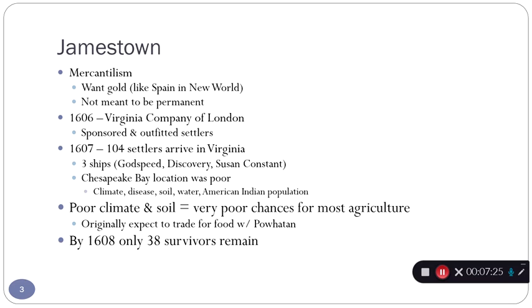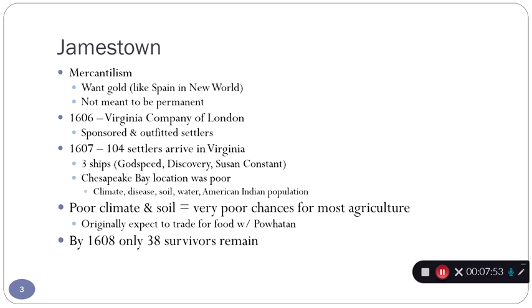It's established as a capitalist venture, so this is not something where the British government says, I'm going to send the army and the navy to Virginia and establish a colony and take control. It's not that. It is a group of investors called the Virginia Company of London that pool their money and outfit 3 ships and basically pay for this entire expedition.